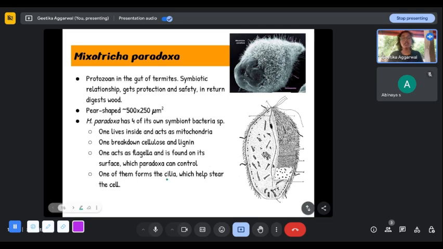And the last of them forms these cilia, which help in controlling the directionality, or steering, in which direction the cell is moving. So this is another very interesting cell which has a whole plethora of symbiosis going around it. It's symbiotic to the termite and it has its own four symbiotic bacteria in turn.